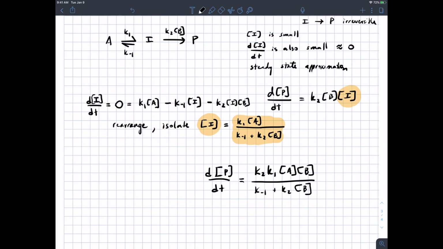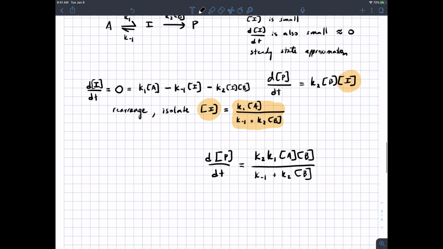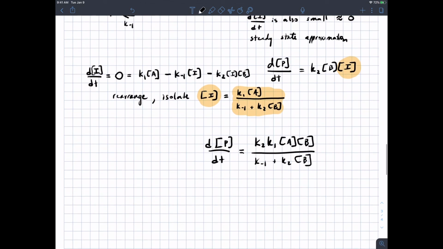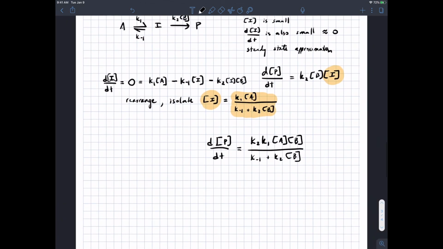And if you look at that overall rate expression, what we might observe depends on the conditions. It looks like the reaction should be first order in A, and it looks like the reaction should have a more complicated dependence on B. So let's play around with some of the implications here.